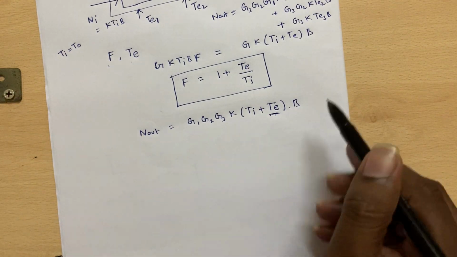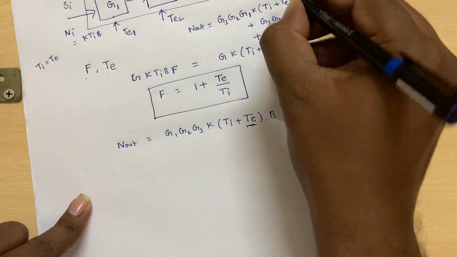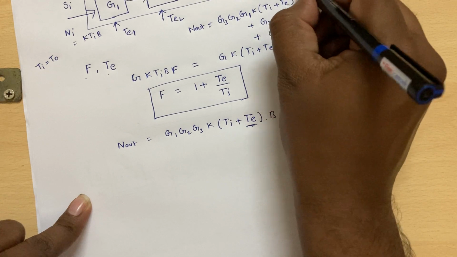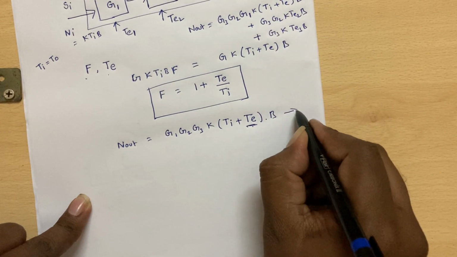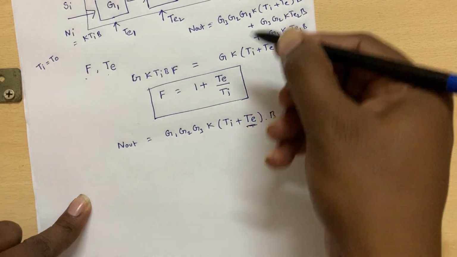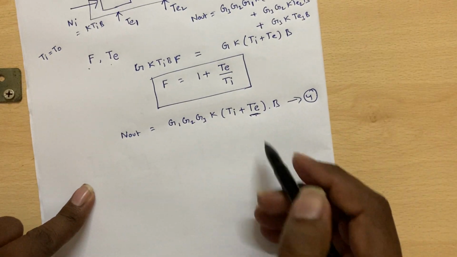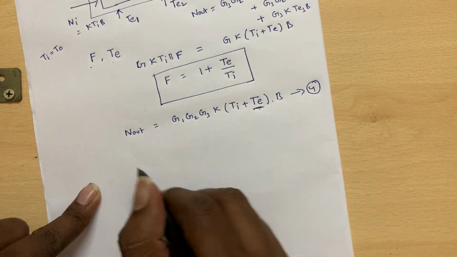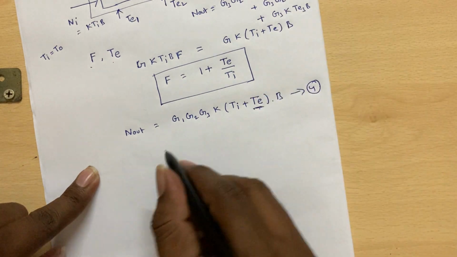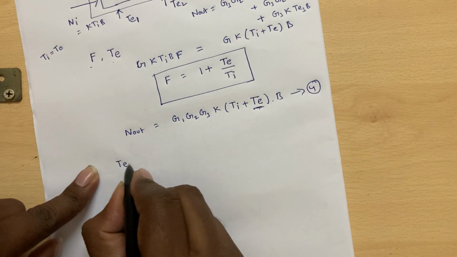Now if I equate this, equation 3, and this, equation 4, because both are the same, you will get a relationship for TE by comparing these two.